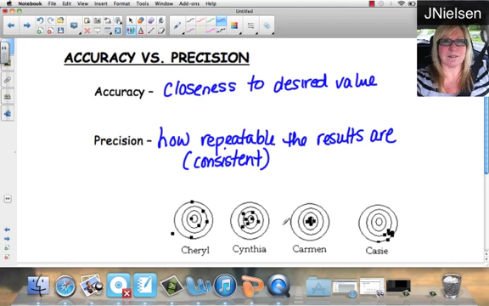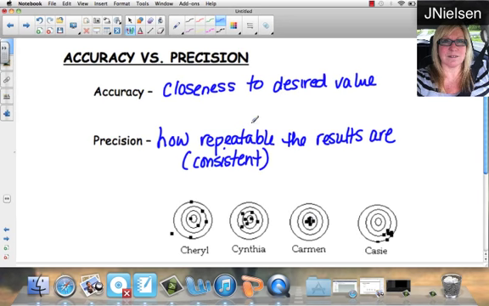So when we look at these four diagrams here, these are how well or not so well Cheryl, Cynthia, Carmen, and Cassie did in their archery lesson. Let's start with Carmen because that's the easiest. Carmen was accurate because she hit the bullseye. So Carmen was able to hit the bullseye more than once.